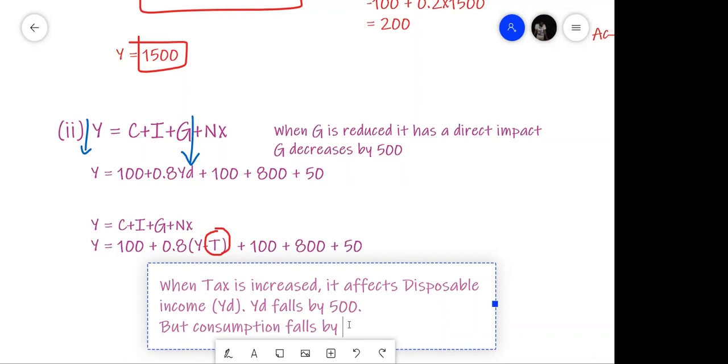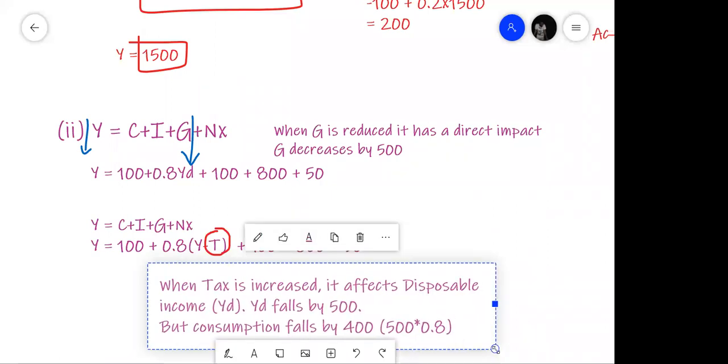So when our disposable income falls by 500, guys, only a part of your disposable income you consume. From that 500, only 0.8 affects consumption. So your consumption will fall by 400, that's 500 times 0.8, our MPC.